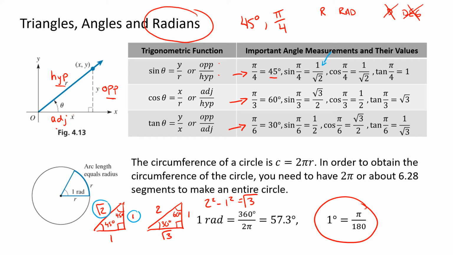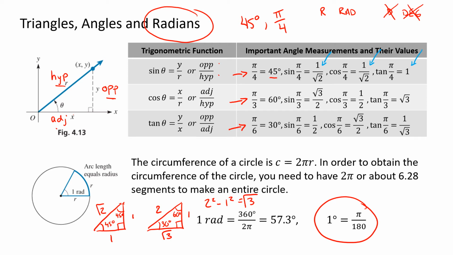So you're left with 1 divided by root 2. The cosine is the exact same. Okay, it's the adjacent side, which is 1, divided by the hypotenuse, which is root 2. So you have 1 divided by root 2. For tangent, it's the opposite side divided by the adjacent side, which is 1 divided by 1, which gives you 1.